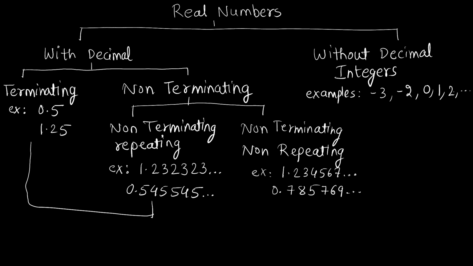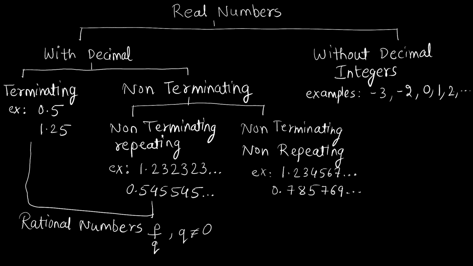Now these two categories, terminating decimal expansion and non-terminating repeating decimal expansion, they fall under rational numbers, which basically means that these numbers can be written in the form of p by q, where q is not equal to 0.